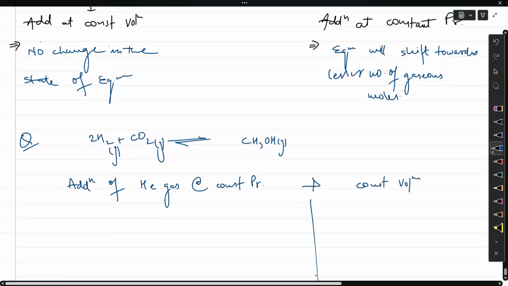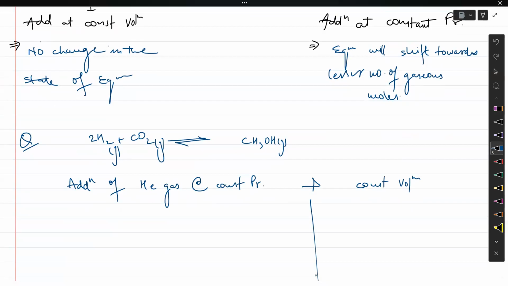Tell me, what will happen? Equilibrium will shift towards CH3OH.